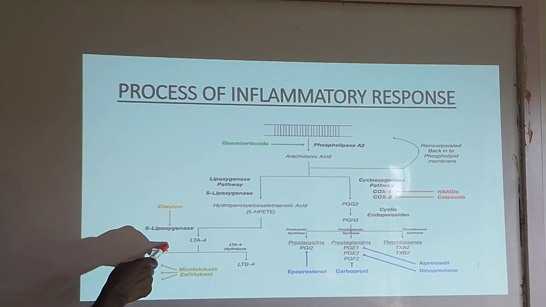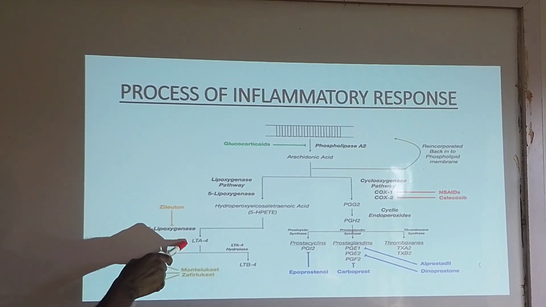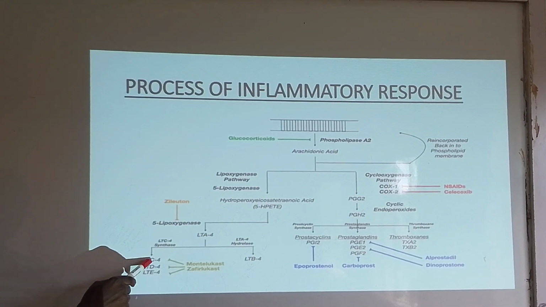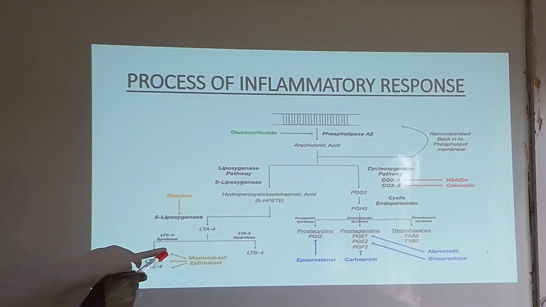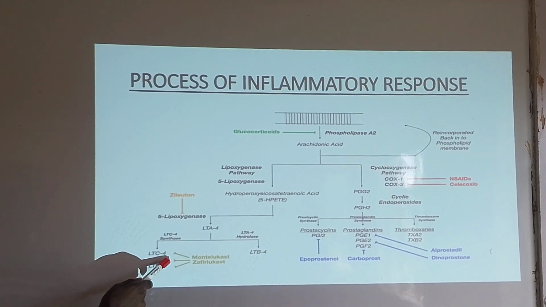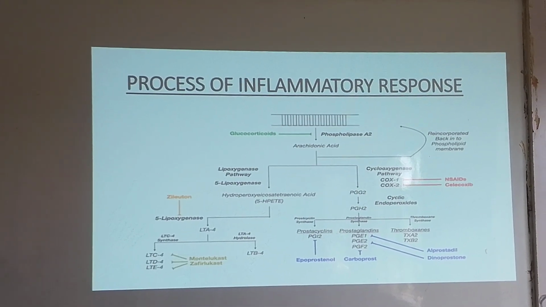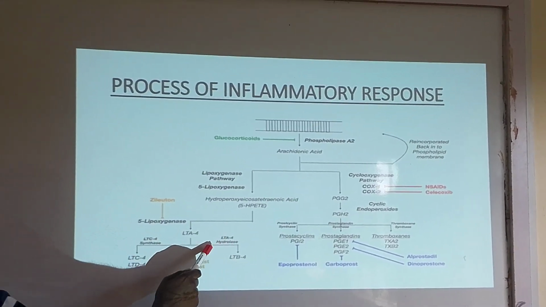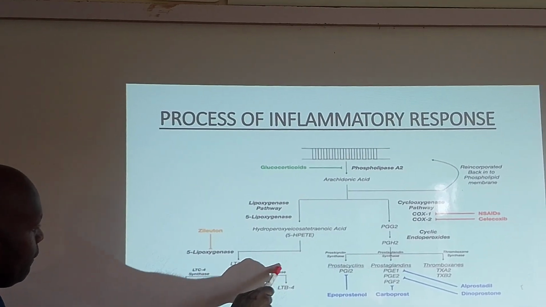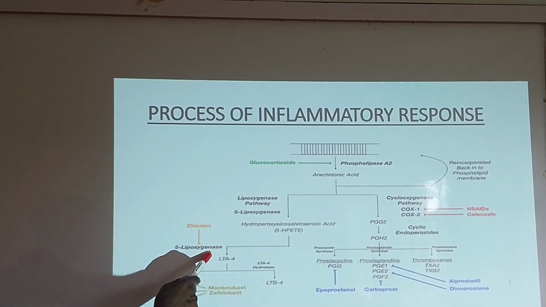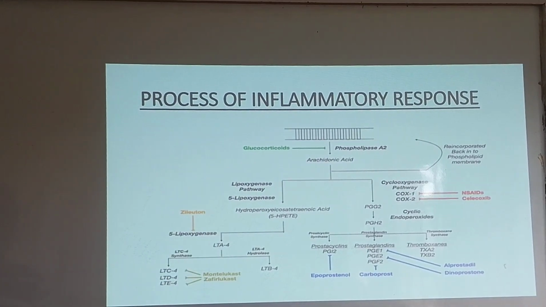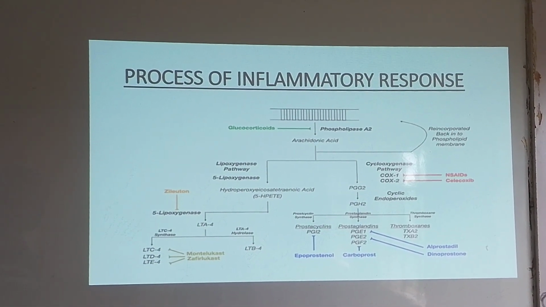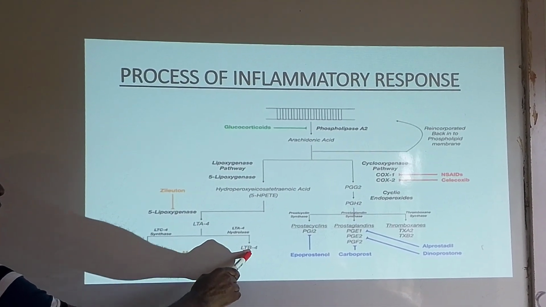If LTC4 synthase acts on this LTA4, we get leukotriene C4, leukotriene D4, and leukotriene E4. And when the enzyme called LTA4 hydrolase acts on leukotriene A4, we get this product here, what we refer to as leukotriene B4.